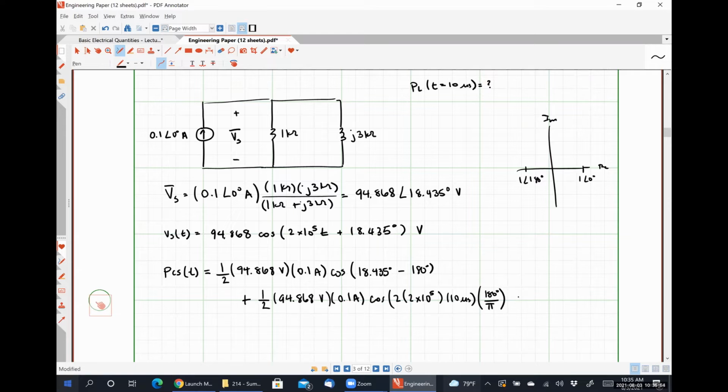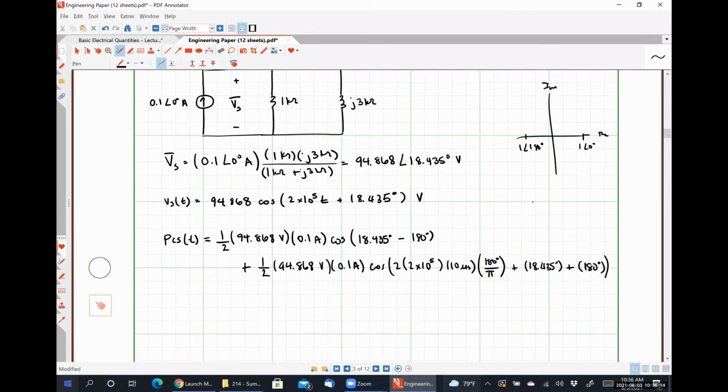And then to that, I'm going to add theta V, which was 18.435, plus theta I, which was 180 degrees. So I know that this is a big calculation, so I would suggest that we break it up into parts here.